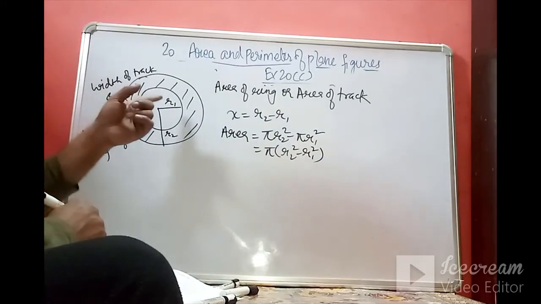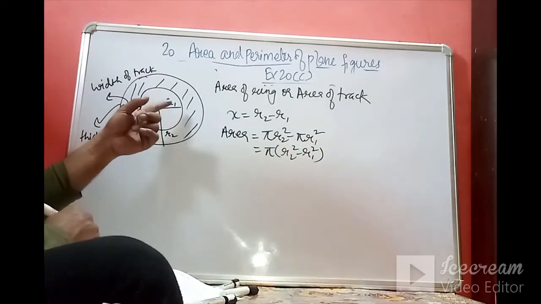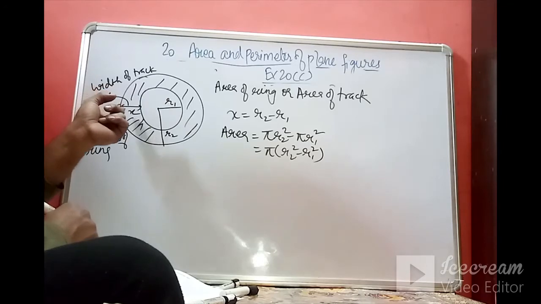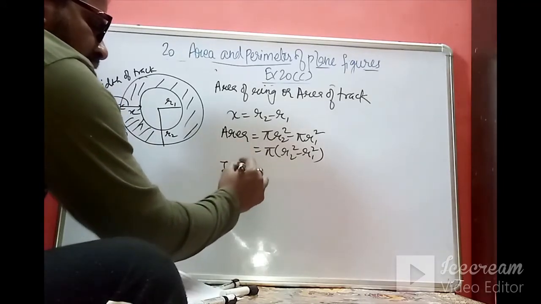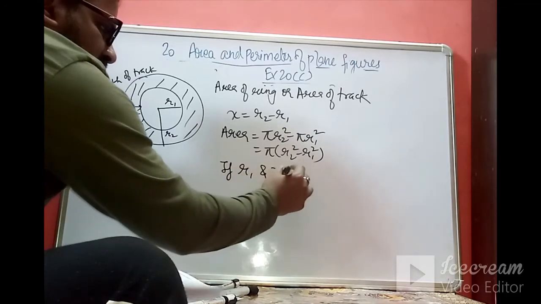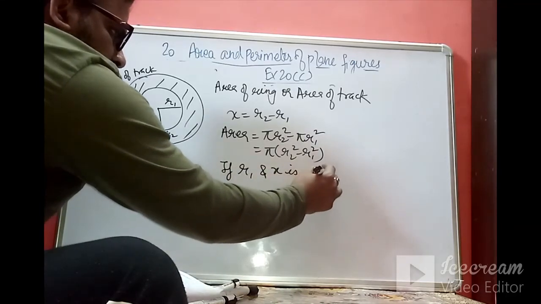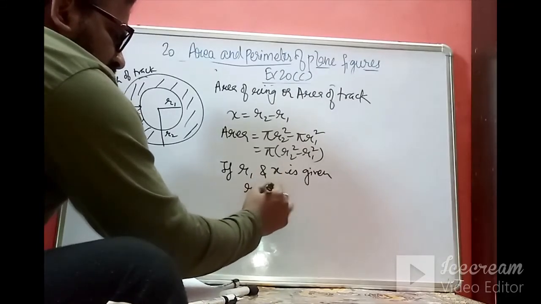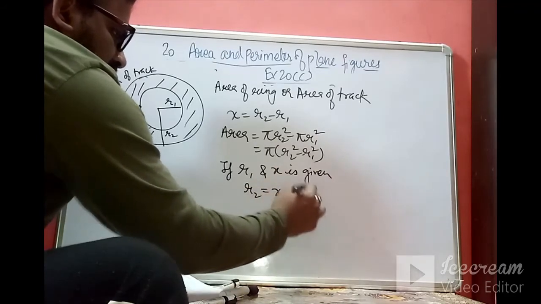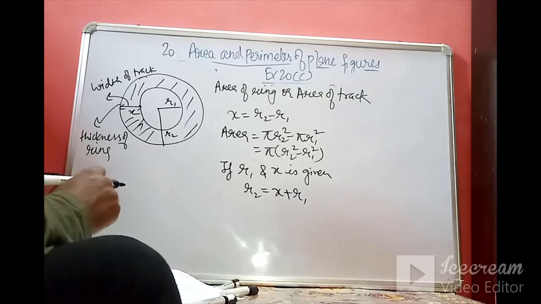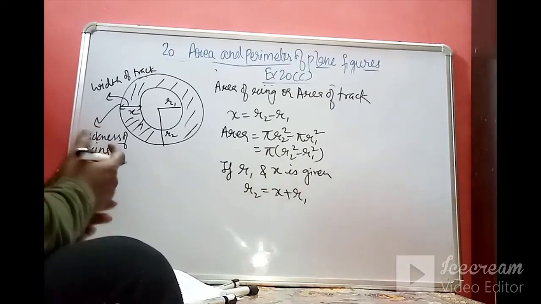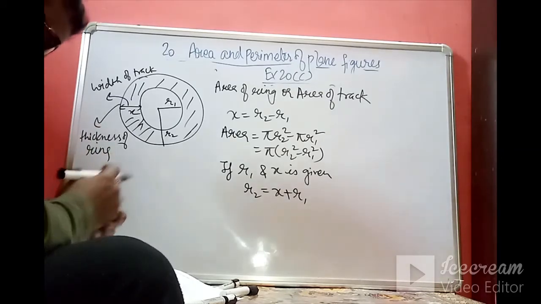Or suppose if r1, that is inner radius, is given, and thickness is given, if r1 and x are given, then what will be the outer radius? It will be x plus r1. Okay, so these concepts we will keep in mind to solve the questions related to the ring as well as track or path, whatever you want to call it.